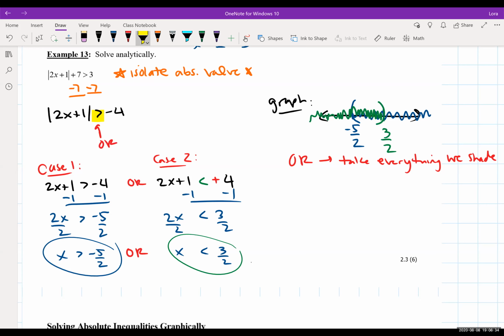So if you're inspecting the graph, we've shaded everything to the left of 5 halves, all the way through to 3 halves, all the way through to positive infinity. So even though we have parentheses, you really have shading all the way from negative infinity to positive infinity. So that's where our solution is going to be.